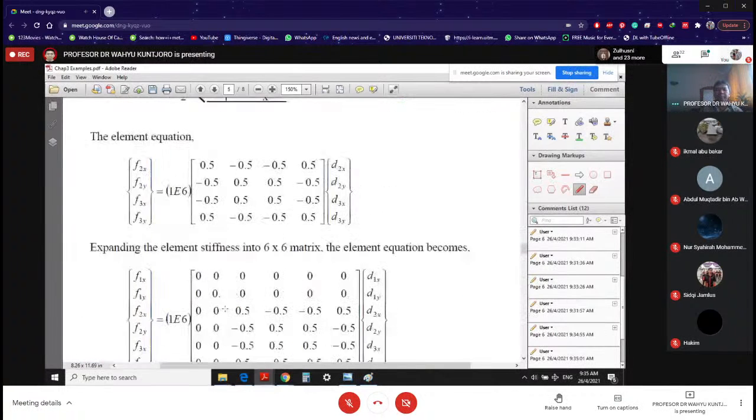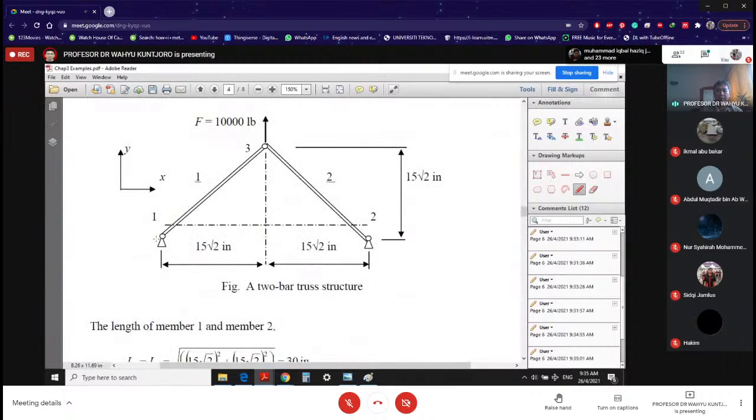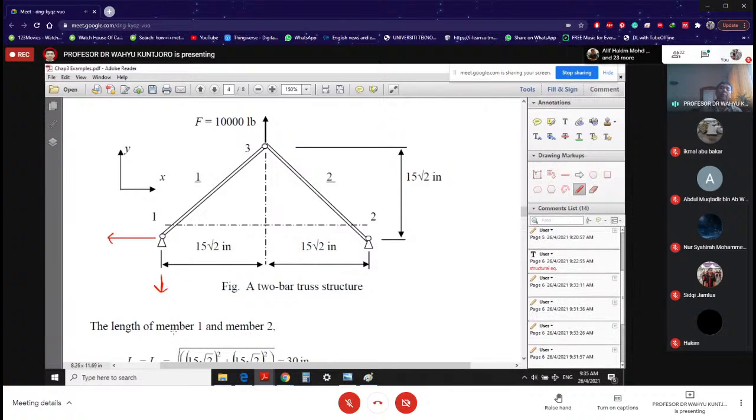Minus 5,000 x, so it will go to the left. Minus 5,000 y, so it is going to go down. Why is it going to go down? Because positive y is going up. So negative left, negative down.